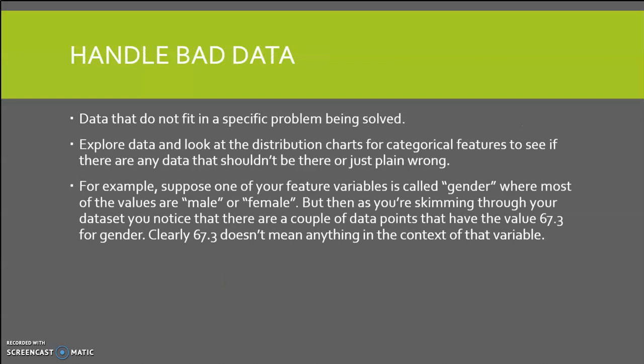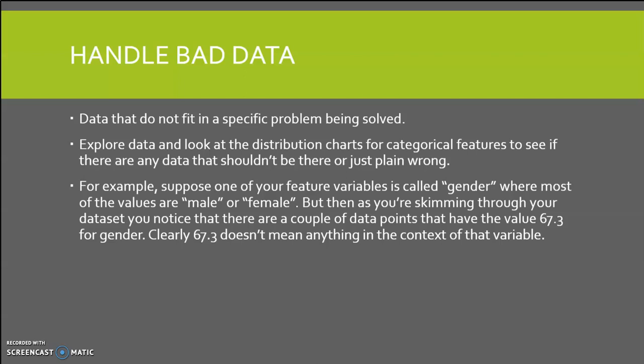Next is handling bad data. Data that do not fit the specific problem being solved is considered bad data. So when you explore data, you look at the distribution charts. For any categorical features, what you want to find out is whether there are any data that shouldn't be there or are markedly wrong.